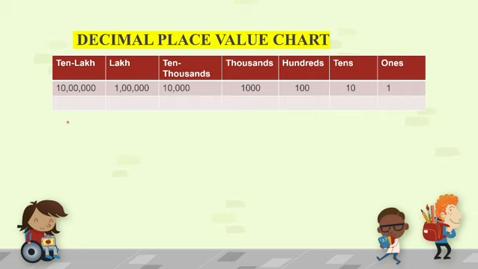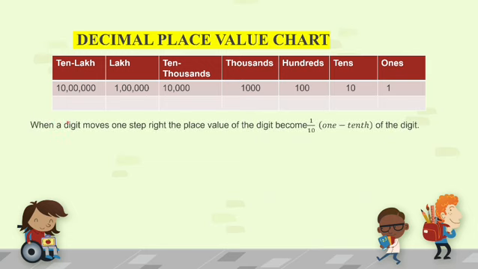Now, what about a decimal place value chart? Well, when a digit moves one step right, the place value of the digit becomes 1/10 of the digit.